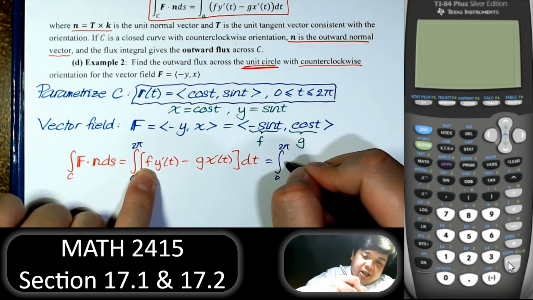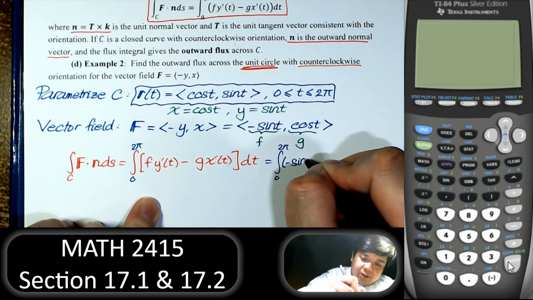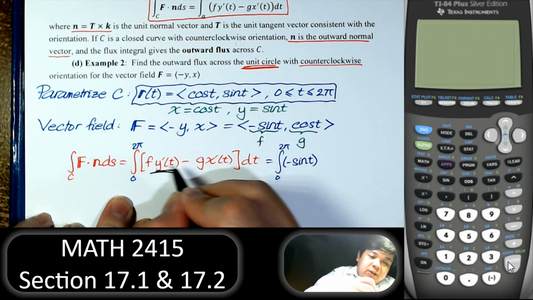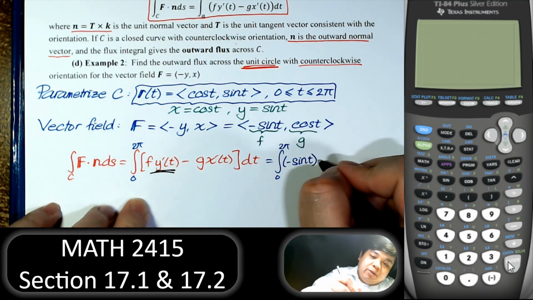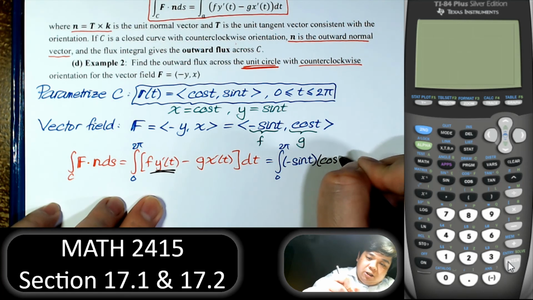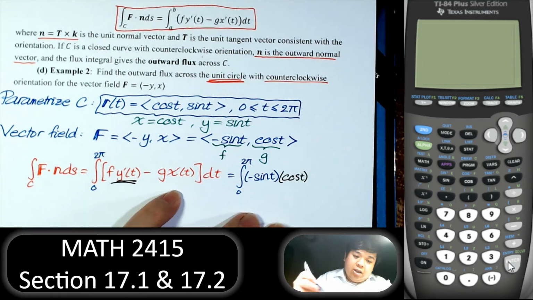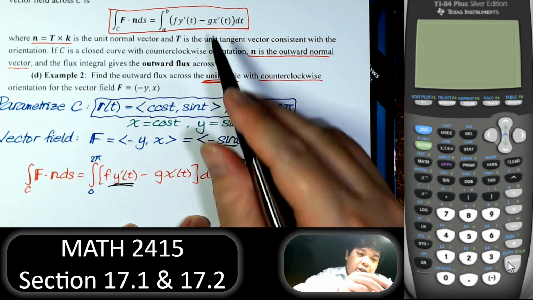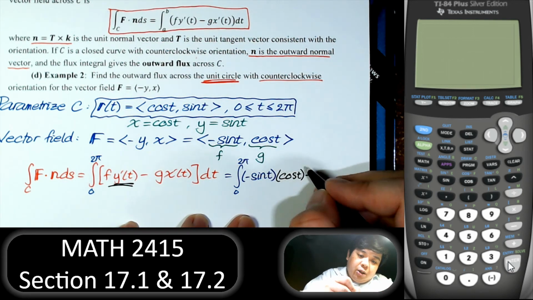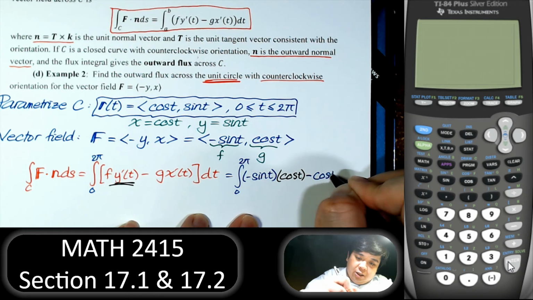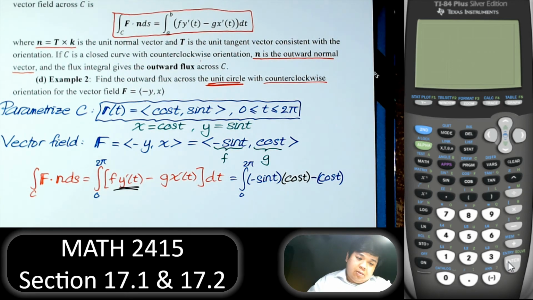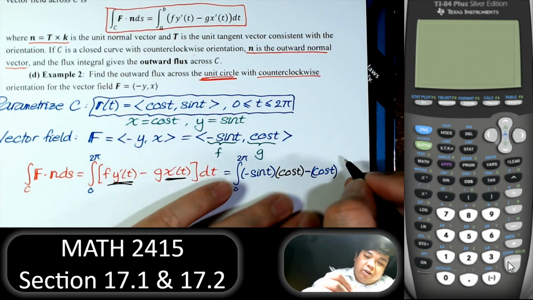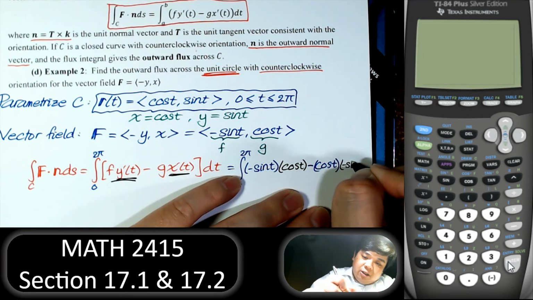F is negative sine t. y prime: the derivative of sine is cosine. Subtract G, cosine t, times the derivative of x; the derivative of cosine is negative sine.